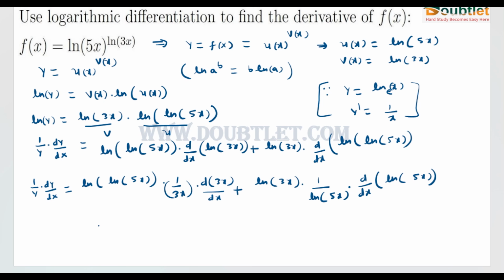Now to solve this, we know that in the differentiation of 3x, 3 is constant, so it will come outside. So this will become 3 dx by dx, so it will be cancelled, and 3 will be cancelled by 3.